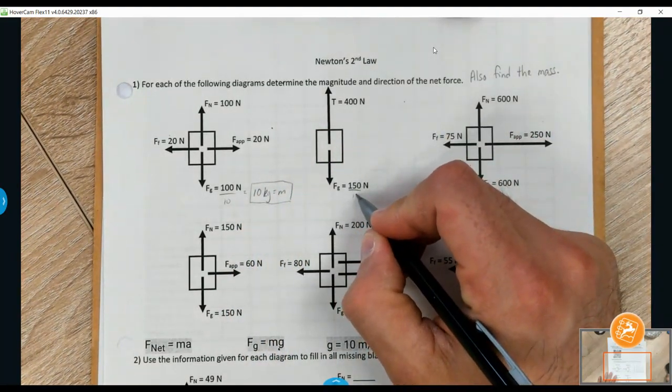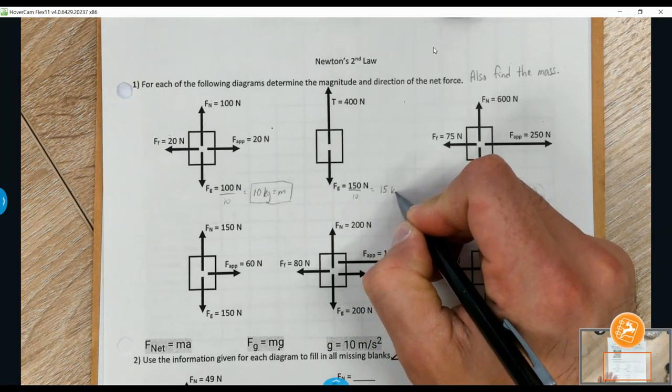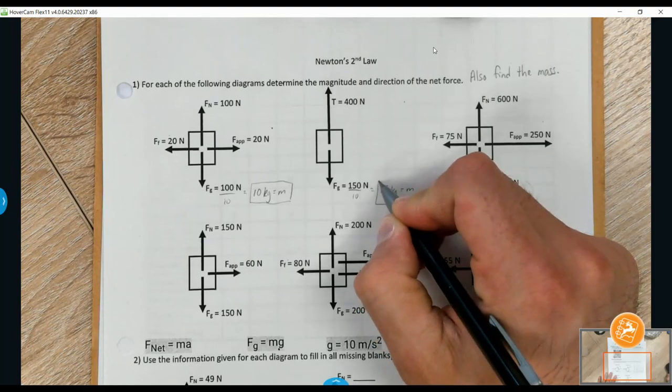150 divided by 10. God bless you. 15 kilograms. That would be what the M is, our mass.